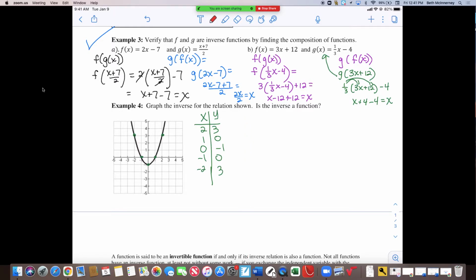I'm going to make a new table and call it x, y inverse. And then my points, I just flip them. Then let's plot these.